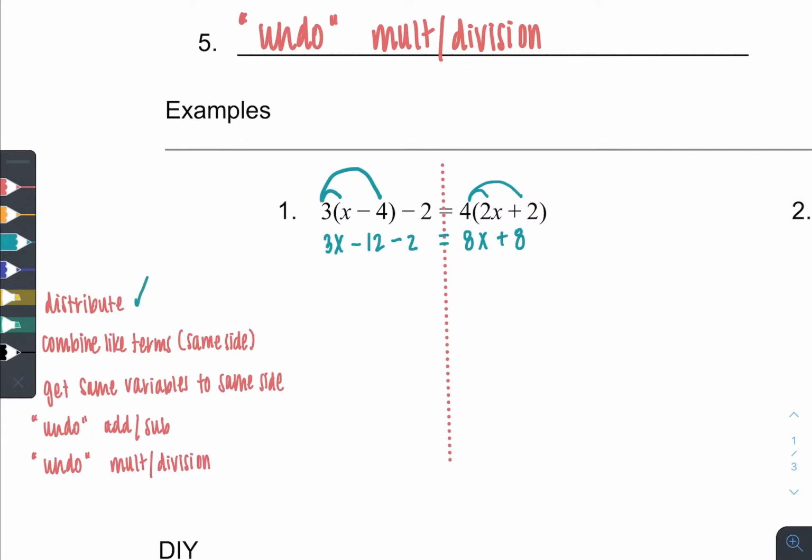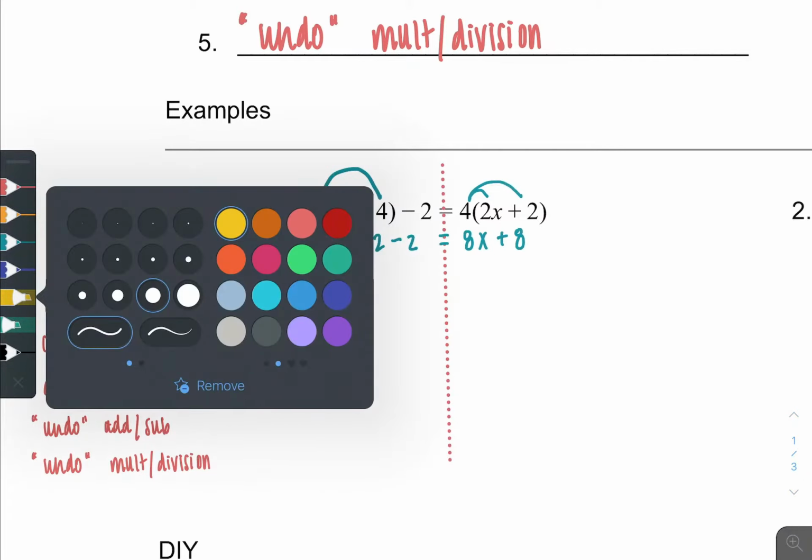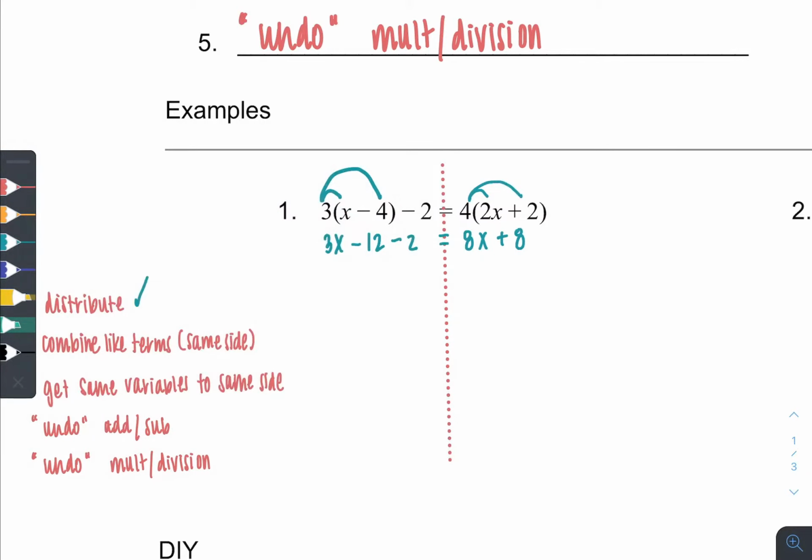So we're done distributing. Next, we want to combine like terms on the same side. On this side here, negative 2 and negative 12 are the only like terms that we have. So we're going to have 3x minus 14, because negative 12 minus 2 is negative 14. And then this side stays the same because we can't combine any like terms.